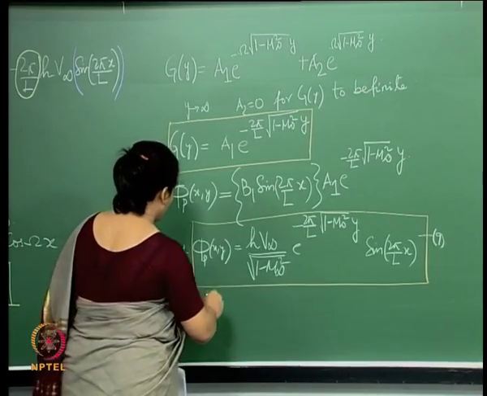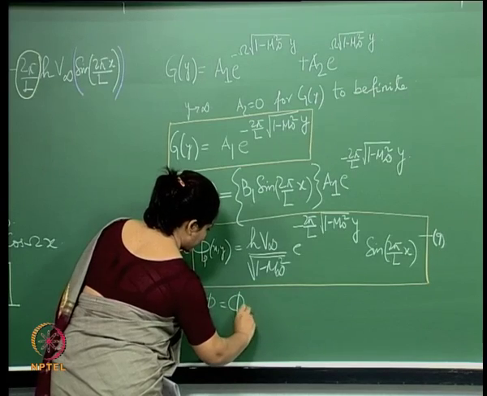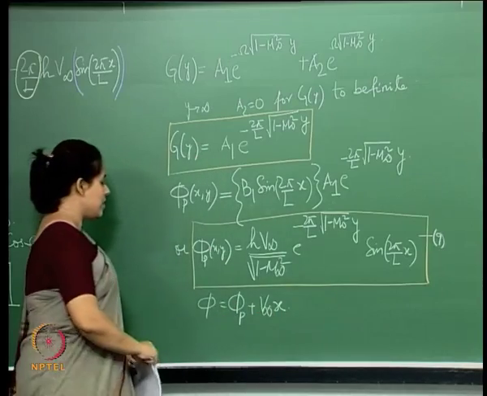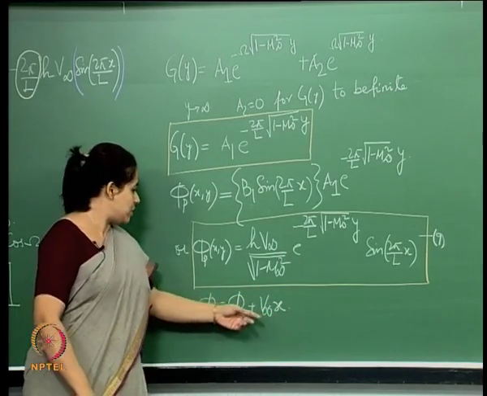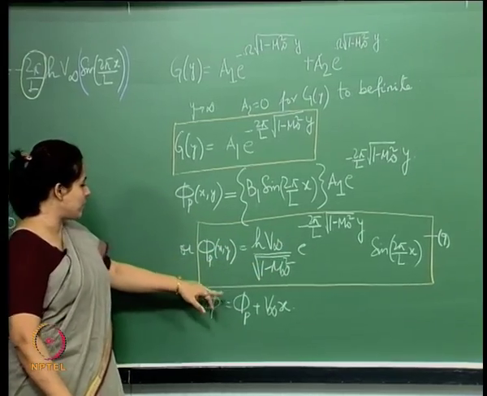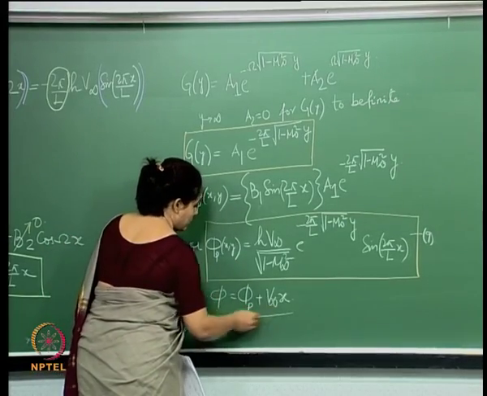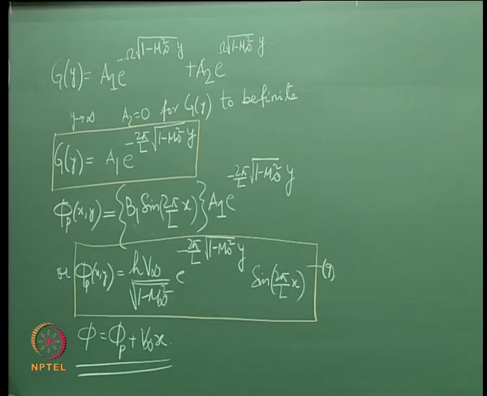So, basically we said that this was equal to, right. So, this was the perturbation potential and this was the free stream. Now we have got an expression for this in here. So, to this if we add this, then we get the total surface velocity potential. This is what we get.